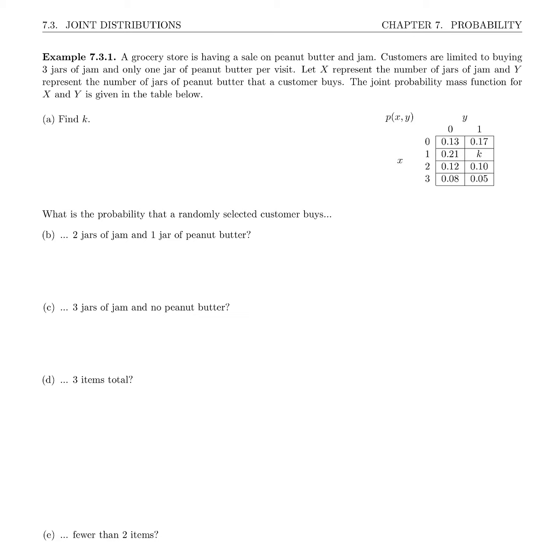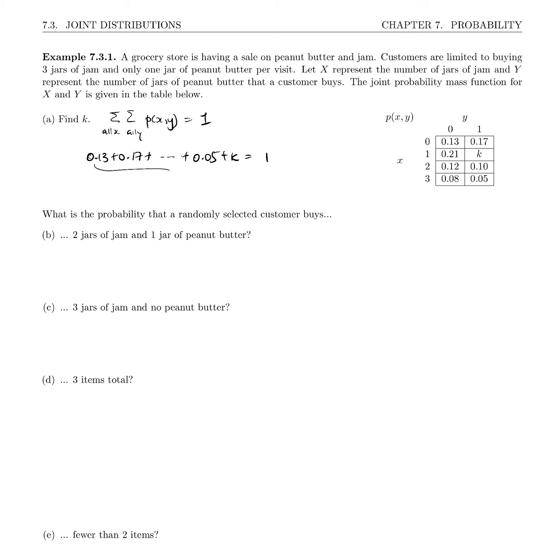We are going to use the property that the sum over all x and all y values of the probability, the total probability, has to be 1, which means that the sum of all the values in this table must add up to 1. So 0.13 plus 0.17 plus all the way up to 0.05, including our k value, so plus k, must equal 1.